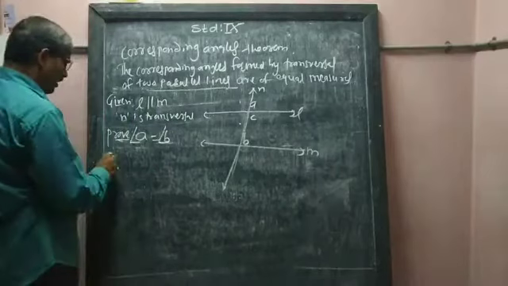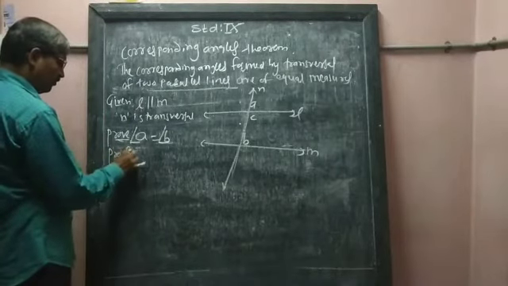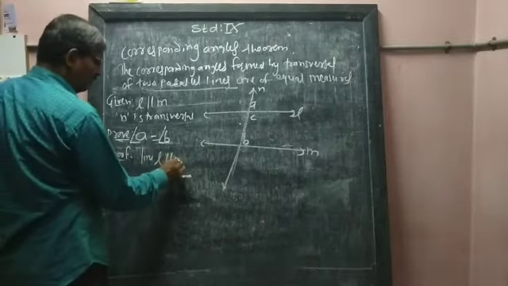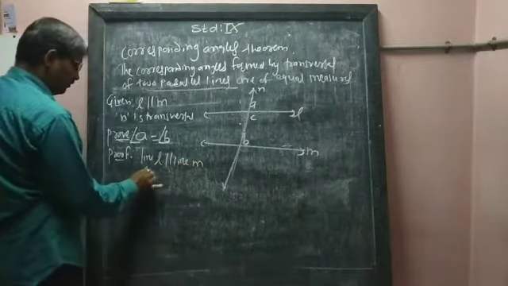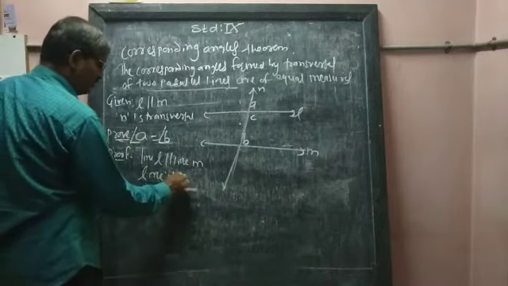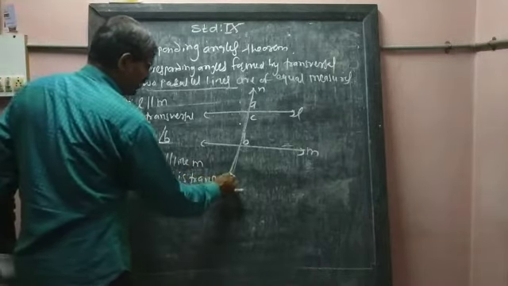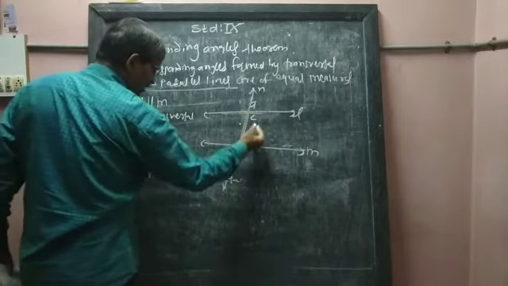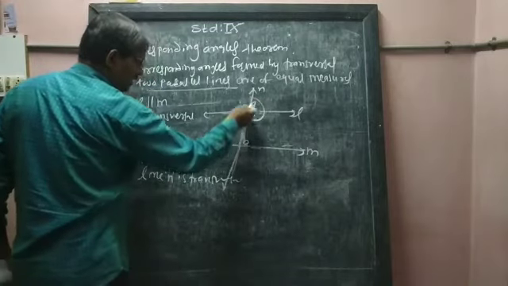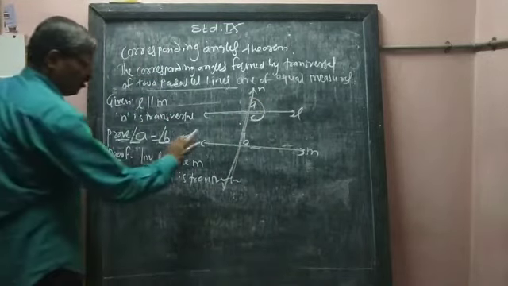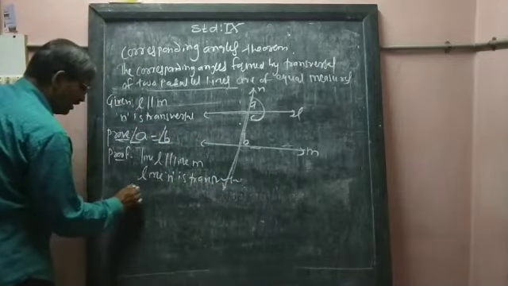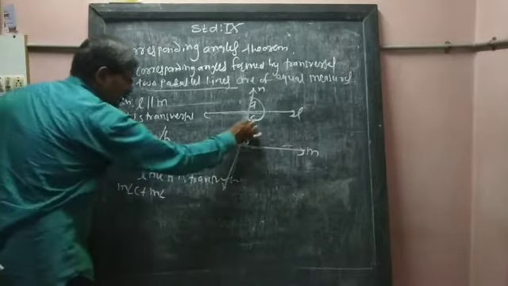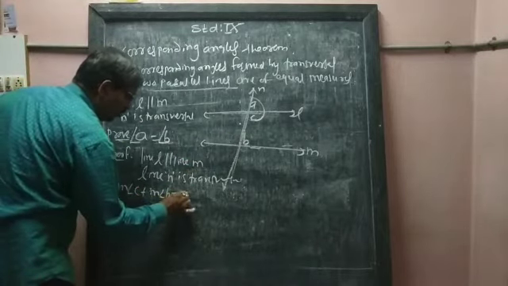Now two lines are parallel. I am writing here the proof. Line L parallel to line M. Line N is the transversal. Now these two angles, C plus B, measure of angle C plus measure of angle B is equal to 180 degree.